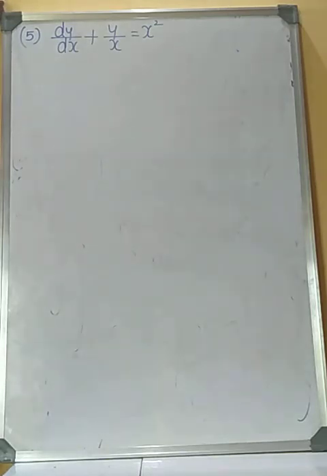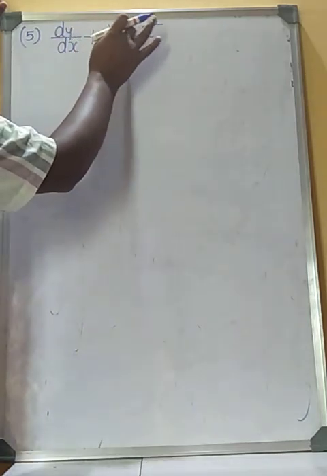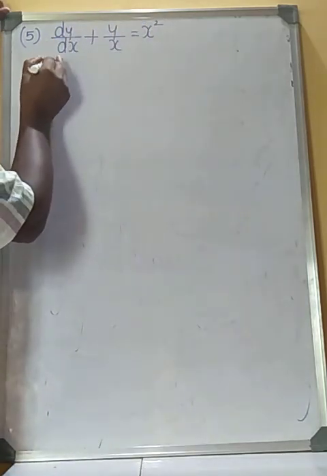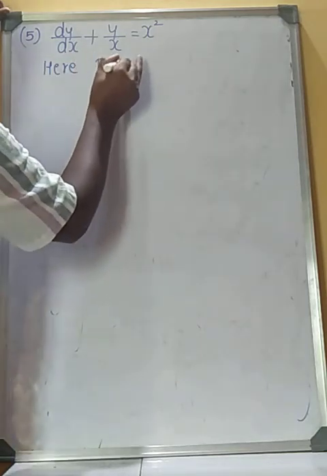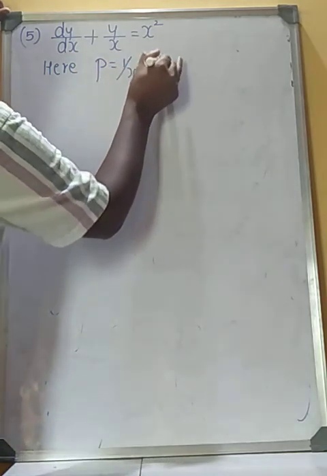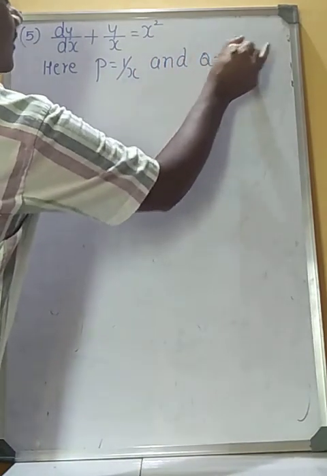The given differential equation is of the form dy by dx plus py is equal to q. Here p is 1 by x and q is equal to x square.